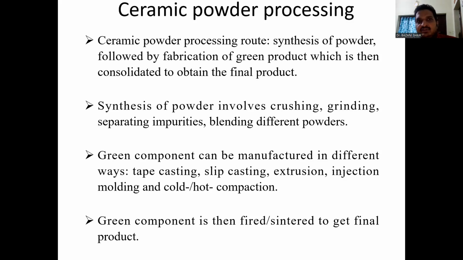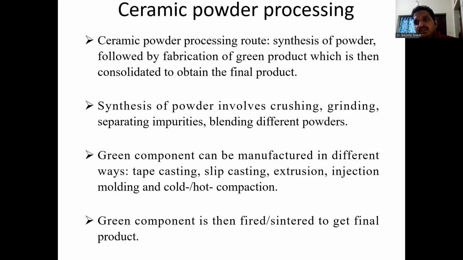And the green component can be manufactured in different ways like tape casting, slip casting, extrusion, injection molding, and cold and hot compaction. The green component is then fired and sintered. Firing and sintering relate to heating to get the final product.